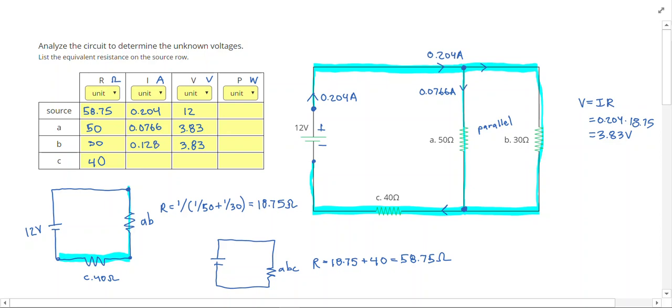A good way to check my answer right now is if I added these two currents together, I should get 0.204.